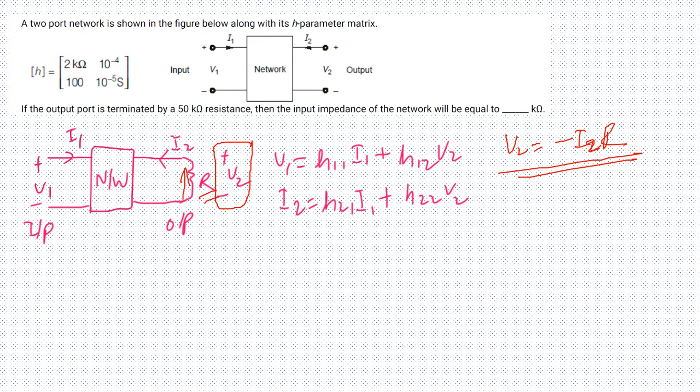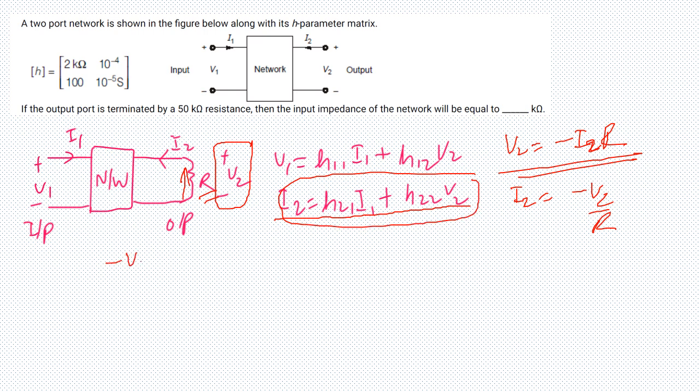Now I look at this equation and substitute I2. I2 is equal to minus V2 over R. So I have calculated I2 in terms of V2 and substitute it in this equation. Minus V2 over R is equal to H21 I1 plus H22 V2. Now only V2 and I1 are variables. If I can calculate V2 in terms of I1 and substitute it in equation 1, I can calculate my V1 over I1 ratio.